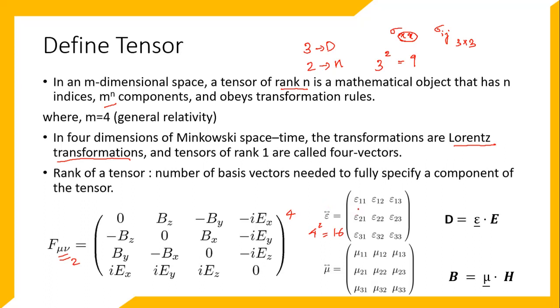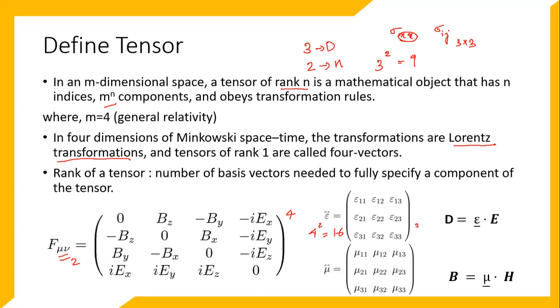But in the case of an anisotropic medium, permittivity and permeability become tensors. That is, they take different values when measured in different directions. So permittivity and permeability are also tensors in the case of an anisotropic medium. And here also we can see that this is defined in a 3-dimensional space and it has rank 2.